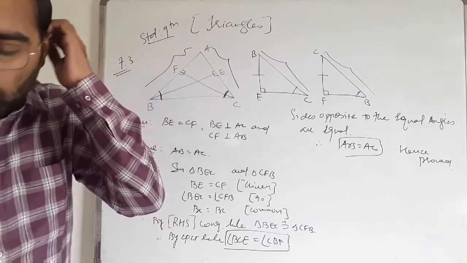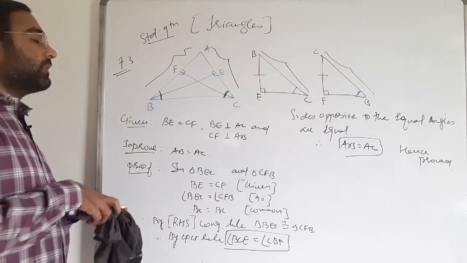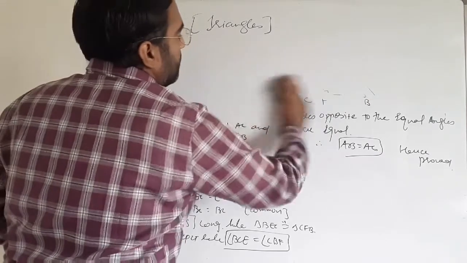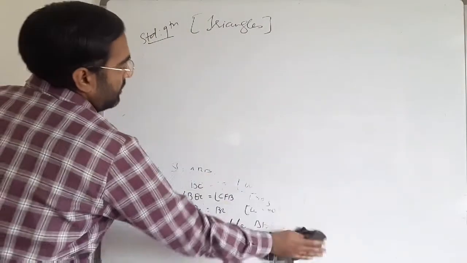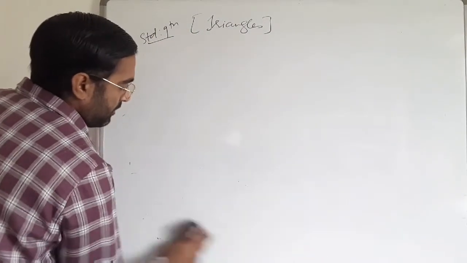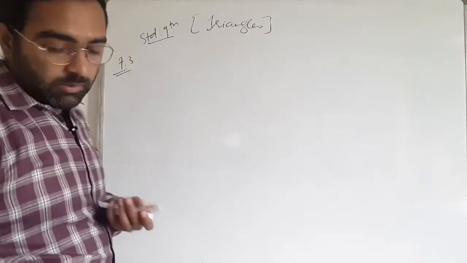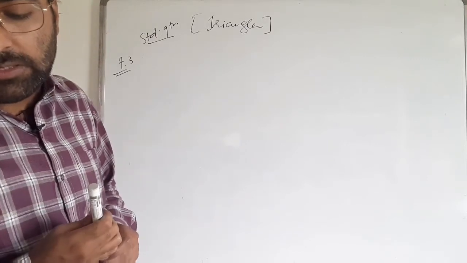Now we have to move to question number 5, the last question of this exercise. In the question, it is given that ABC is an isosceles triangle in which AB is equal to AC.